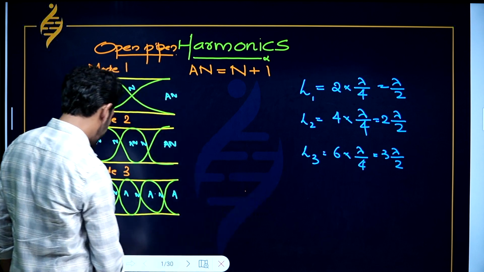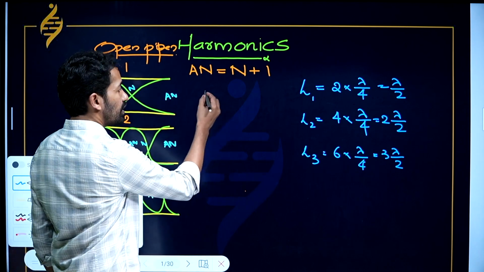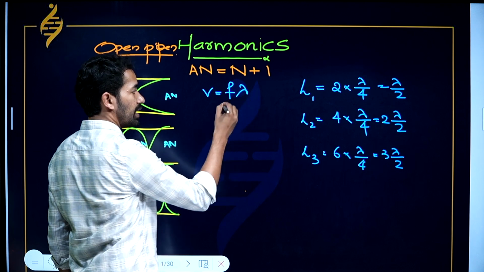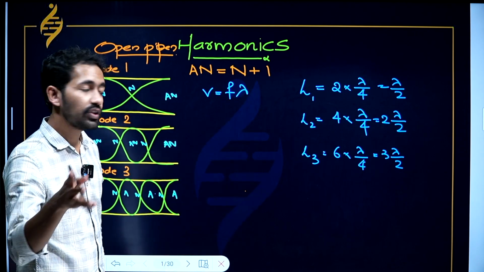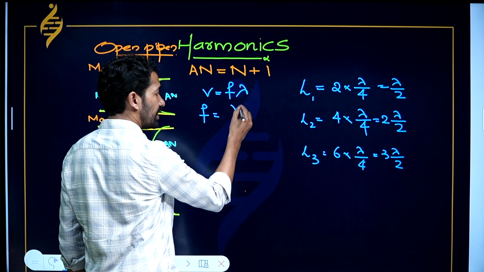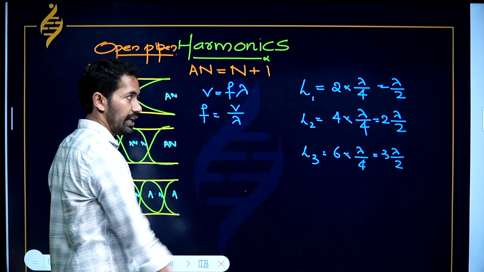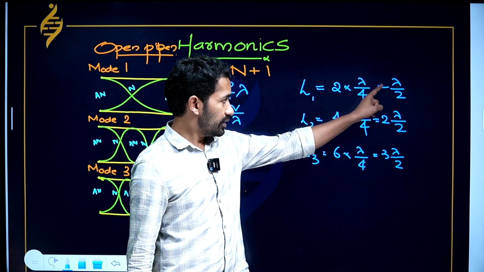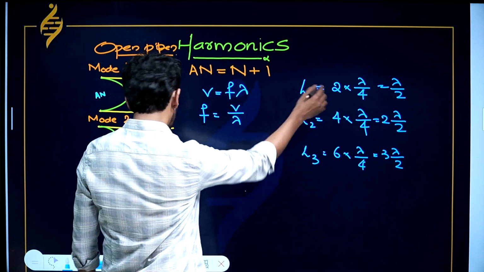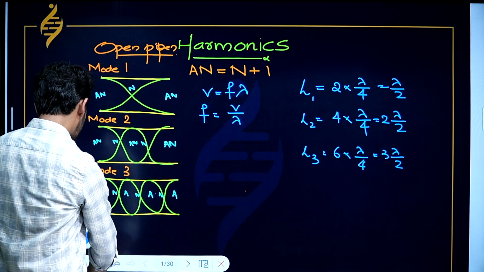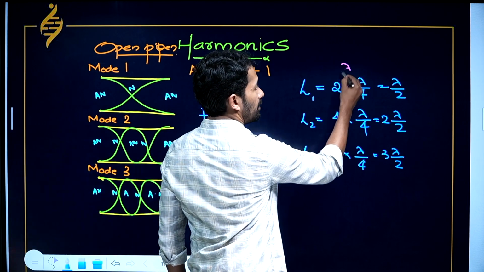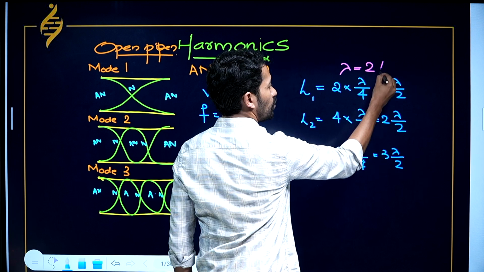How will you find frequency? See, you know that velocity is equal to f lambda, or f is equal to v divided by lambda. See, look here. So here lambda is equal to 2L. From the first equation, we understand that lambda is equal to 2L here.